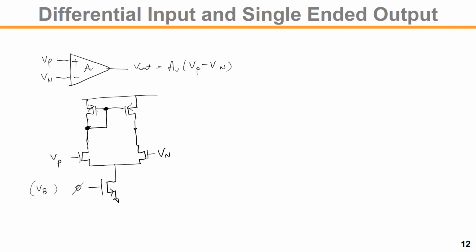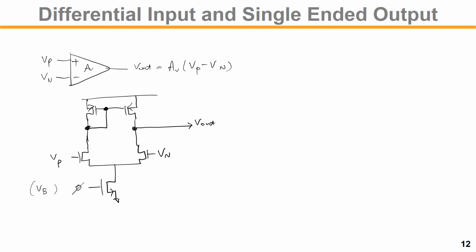And then take the output, V out. Let's find the gain of this amplifier. So V out would be, for this kind of amplifier, we can find this for simplified analysis.